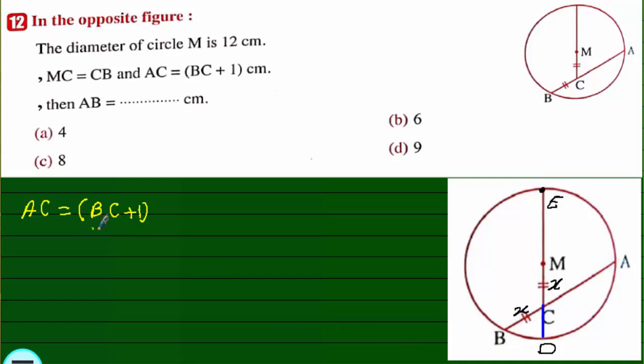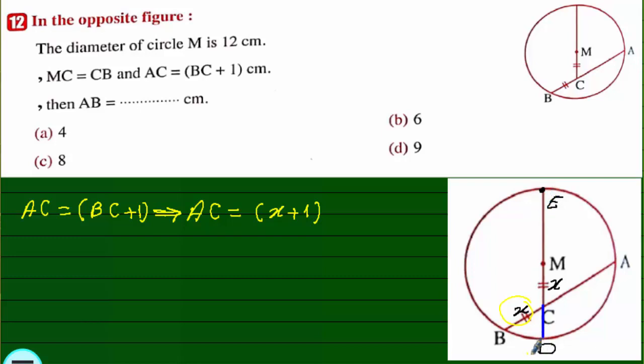Here we have AC equals BC plus 1, and BC equals X here. So I can write AC equals X plus 1. Okay. There is a relation between these two chords, AB and ED. We have two chords. I know this is the diameter, but the diameter is the biggest chord in the circle.